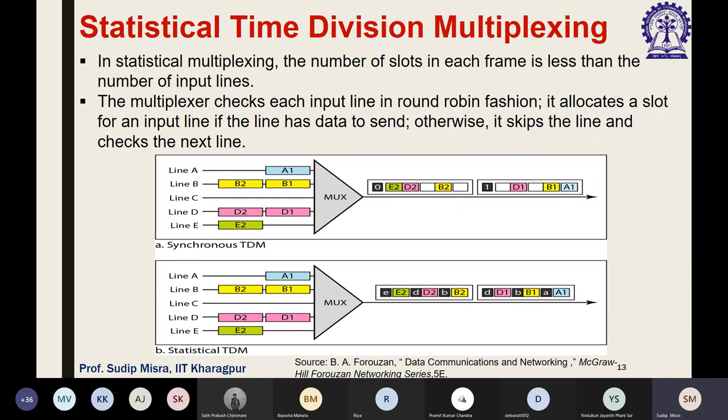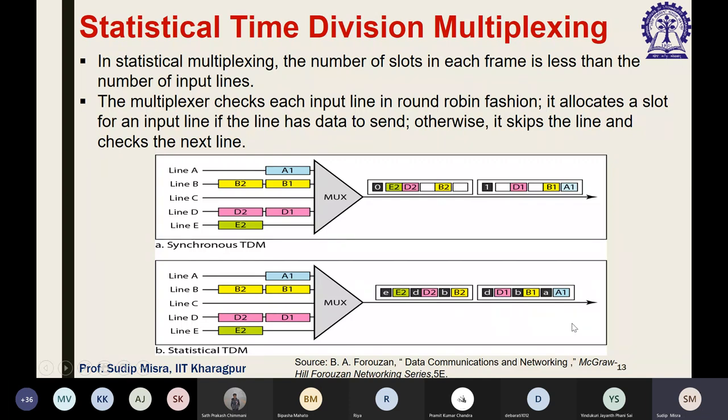Now these are additional headers that are introduced, but they are very small in size, typically 1 bit or 2 bits long. So they do not occupy too much space. Rather, they can help in identifying the different frames that are associated with them.